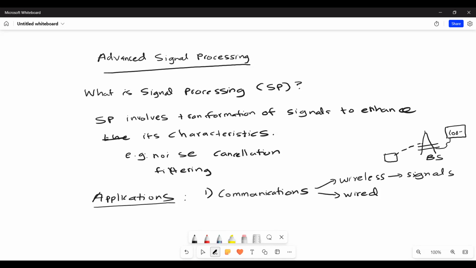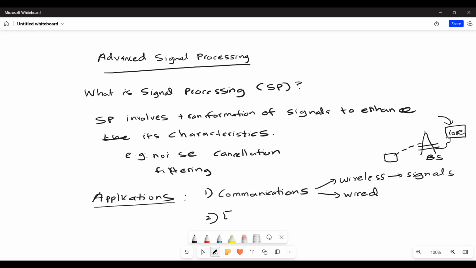The core network has to do maybe some kind of processing, and then it needs to forward it to the destination. So that is one application where we can consider signal processing.